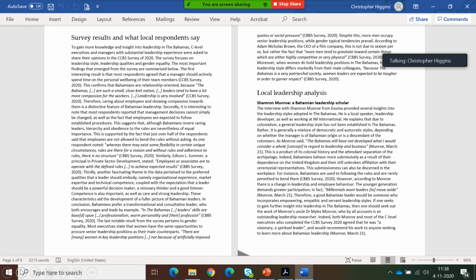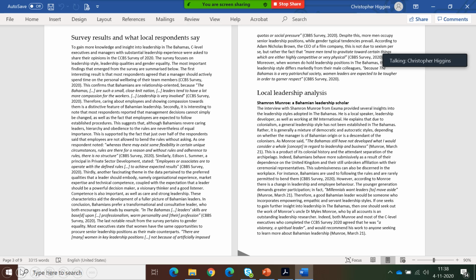And what they do well is they then use enumeration to introduce the different main themes or findings that they think are significant. So they do that by saying the first interesting result is that most respondents agreed that a manager should actively spend time on the personal well-being of their team members. They then reference that to the CCBS survey 2020.